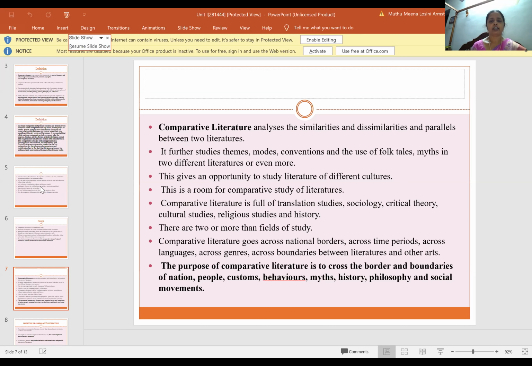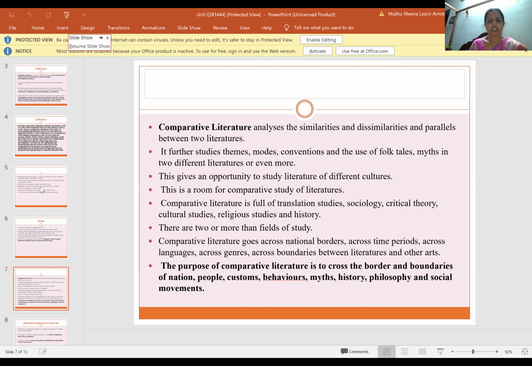Comparative literature analyzes the similarities, dissimilarities, and parallels between two literatures, as we have seen already. It further studies themes, modes, conventions, and the use of folk tales and myths in two different literatures, and even more. This gives an opportunity to study literature of different cultures. This is a room for comparative study of literatures.